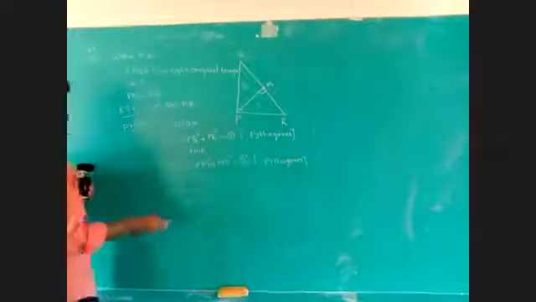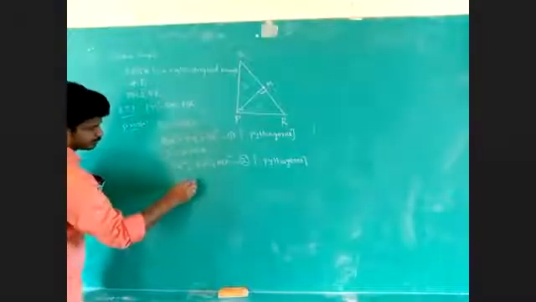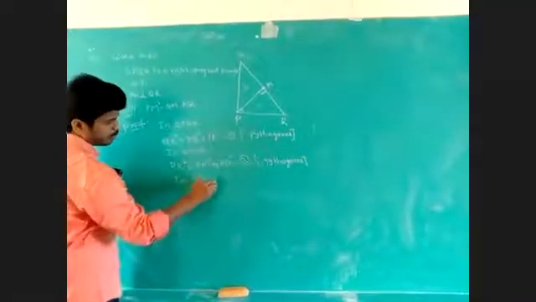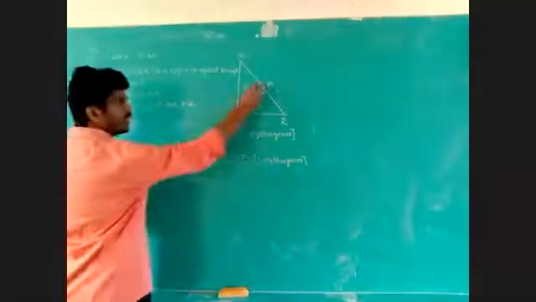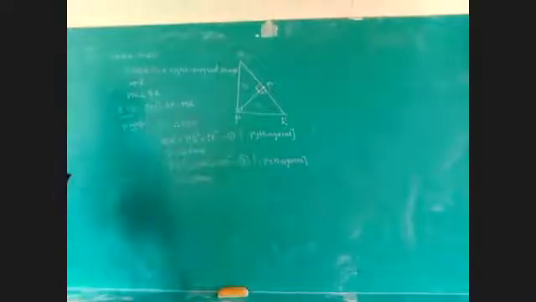Next, second small right angle triangle. In triangle PMQ, apply Pythagoras theorem. Here angle M is the right angle. Right angle opposite side is called hypotenuse.